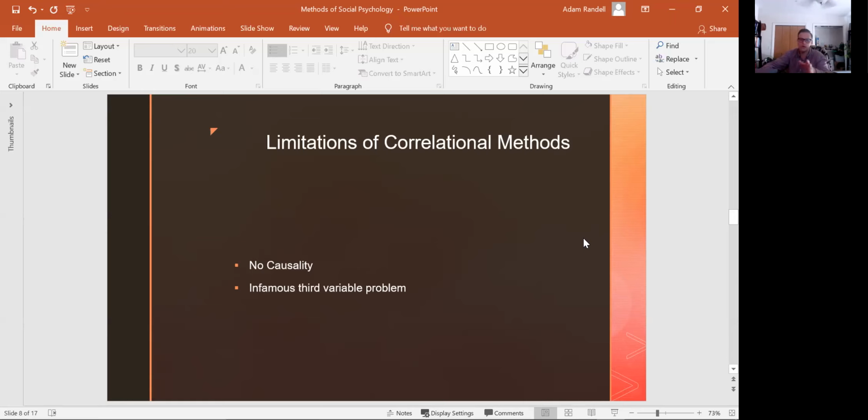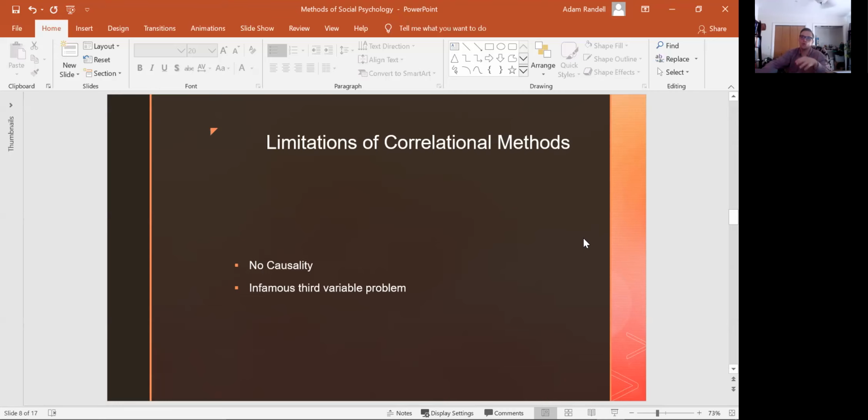Now, before we go on, it might be helpful to review what you do need to make a causal statement. All right. Well, you need at least three things. First, you do need evidence that the two covary. You need evidence that they are correlated. So the two things need to covary. Second, the causer must precede in time the caused.